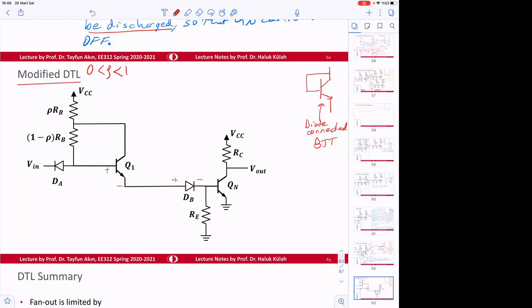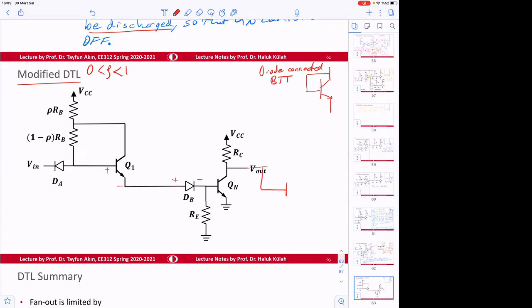Now, in order to explain why it is much better, maybe I can draw you this next stage here. The next stage, maybe I should do that. Okay, so the next stage is going to be something like this.